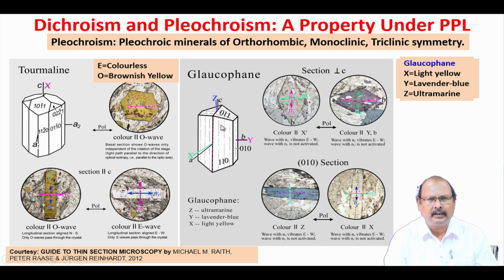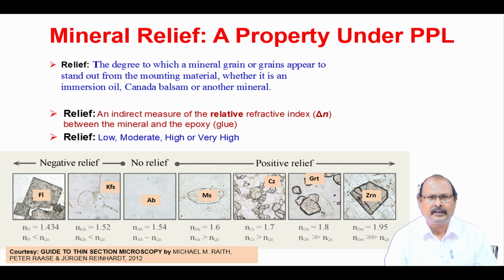Now, if you see the 010 optic orientation, which is the principal section of the indicatrix, then if you orient the z vibration direction parallel to the polarizer vibration direction, the color of the mineral is deep blue, called ultramarine. In this way you can determine the color corresponding to x, y and z. So, this is the pleochroic formula of glaucophane.